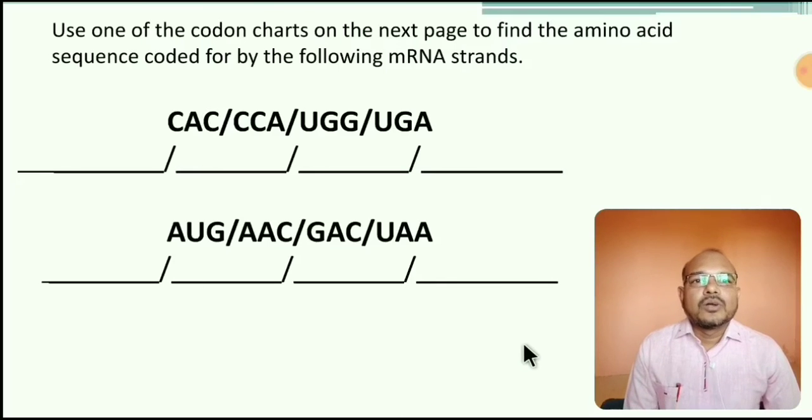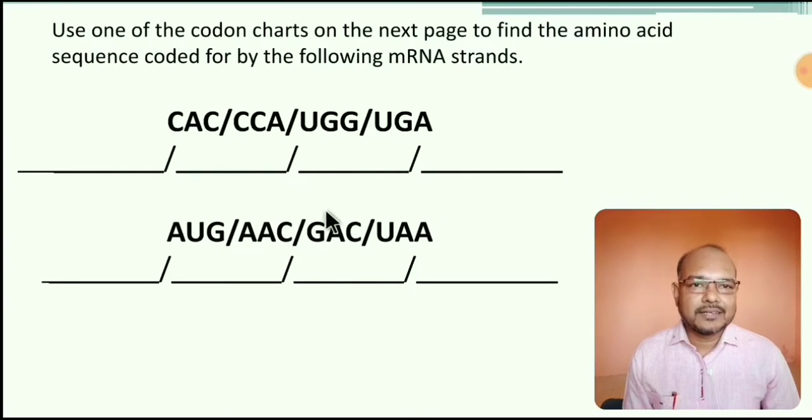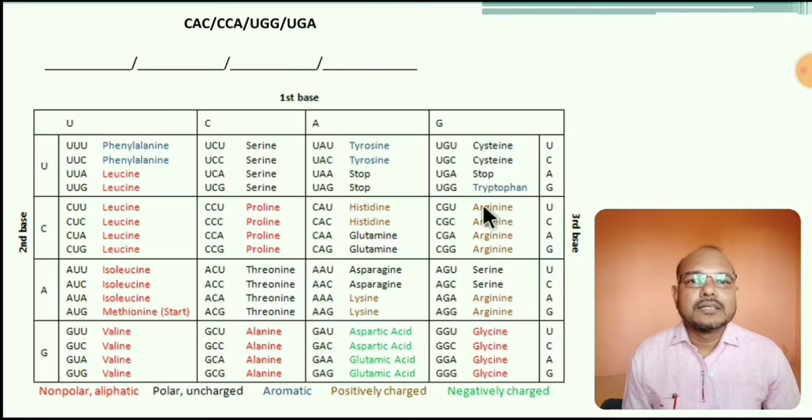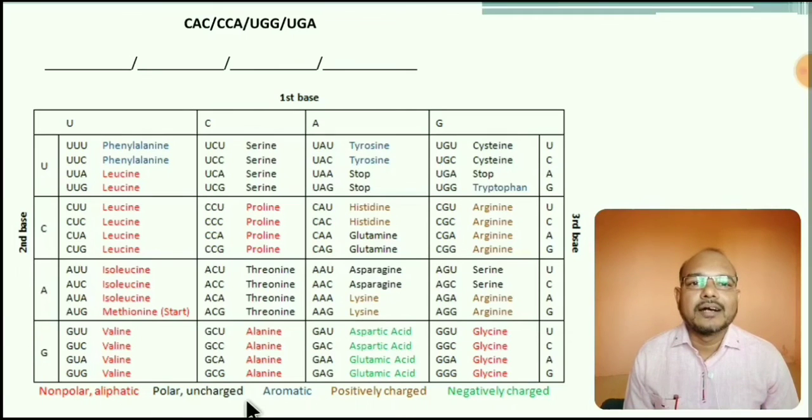Use one of the codon charts on the next page to find out the amino acid sequence coded for by the following mRNA strand. So this is the mRNA strand having the complementary codons. These are all amino acids that code for the different proteins, and the amino acids have properties like non-polar aliphatic, polar uncharged, aromatic, positively charged and negatively charged.